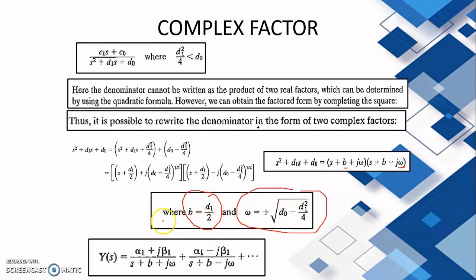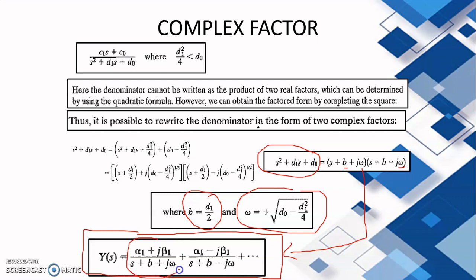After you know b and w, you can find the values. For Y(s) you can change into this expression. If you have this equation, you can split it into these two, and then you get this kind of equation. From here you can solve for alpha 1 and also beta 1 as usual using the partial fraction expansion method.